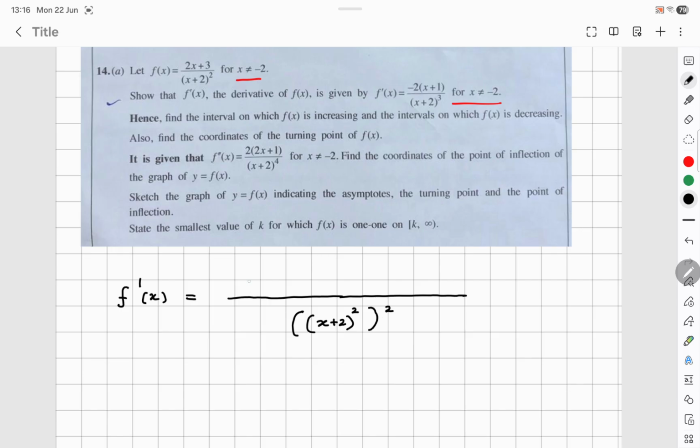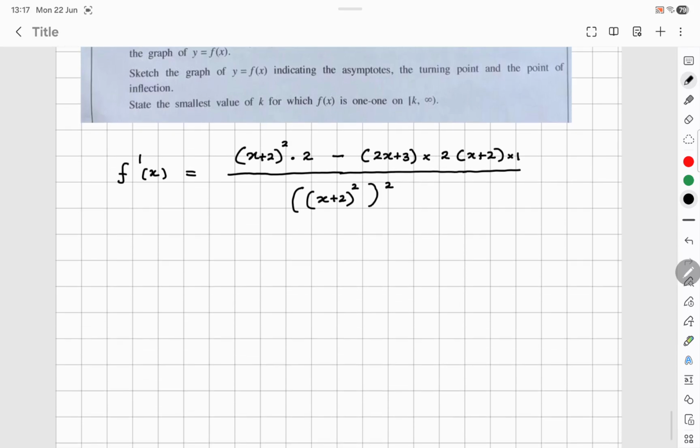Then x + 2 squared times the derivative of the numerator, which is 2, minus (2x + 3) times the derivative of the denominator, which is going to be what? 2 into (x + 2) times 1, using the chain rule, right?